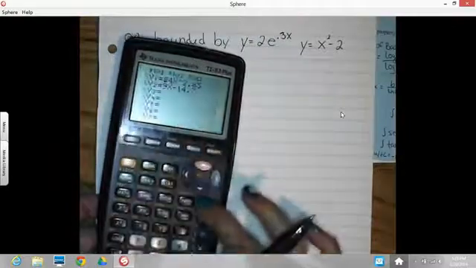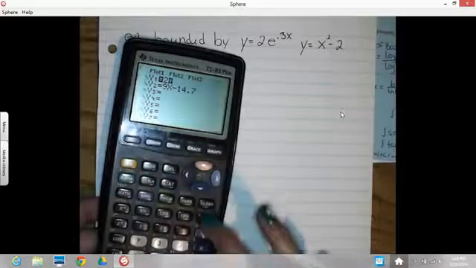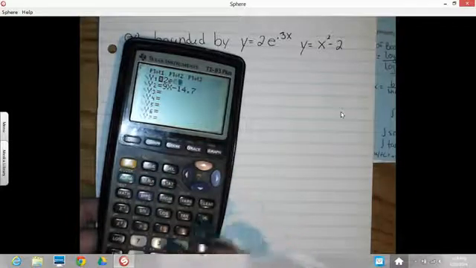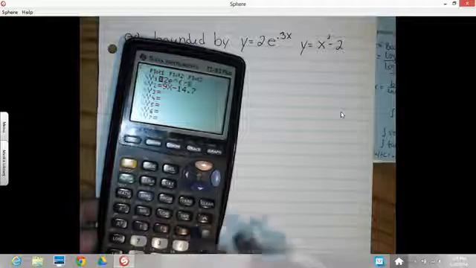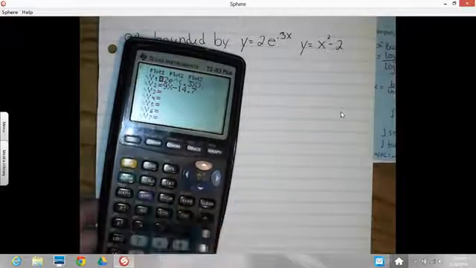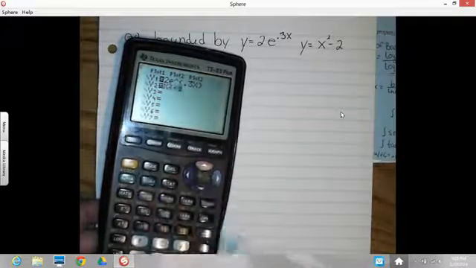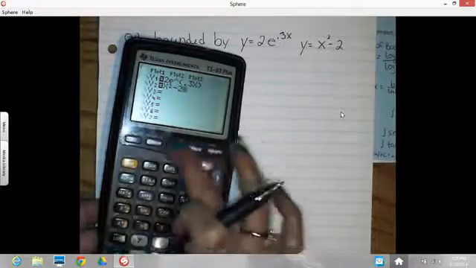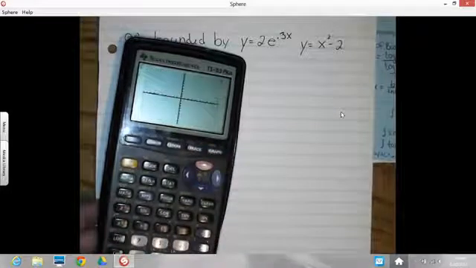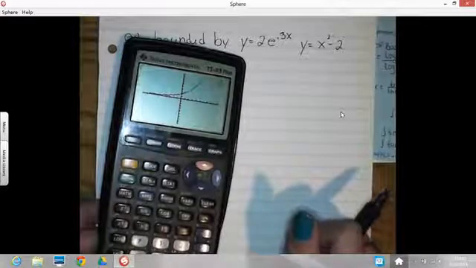So 2e raised to the 0.3x and then x squared minus 2. There's my e function. There's my parabola.